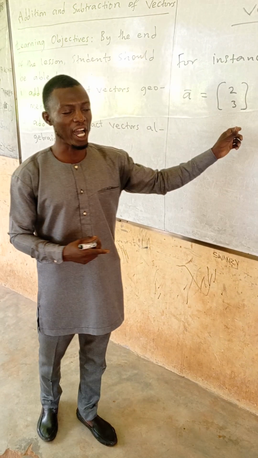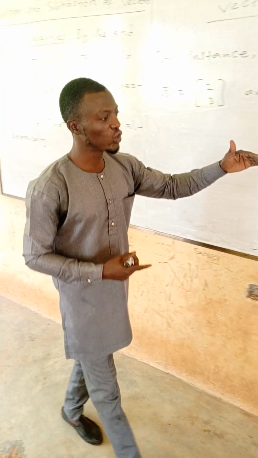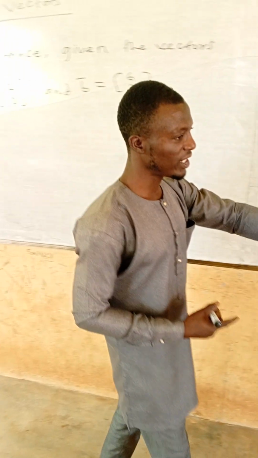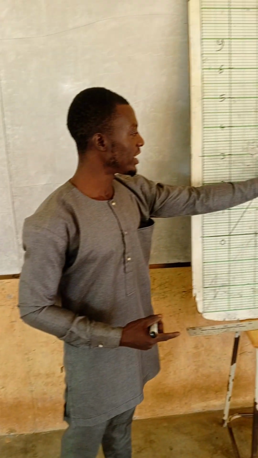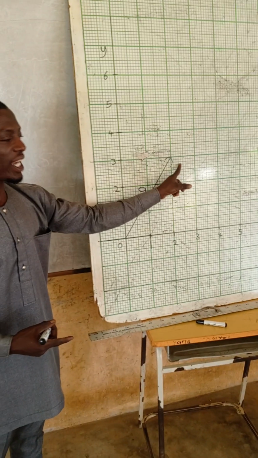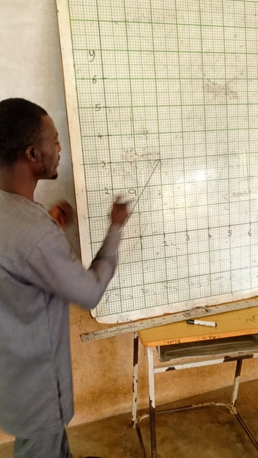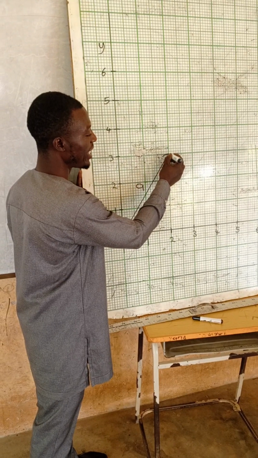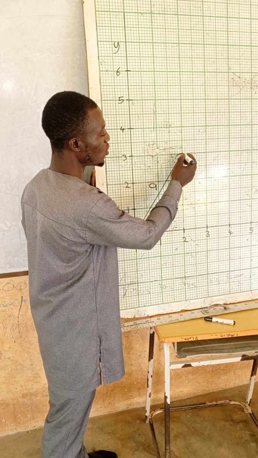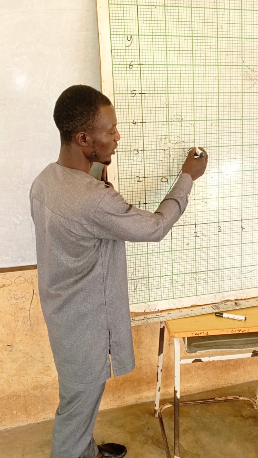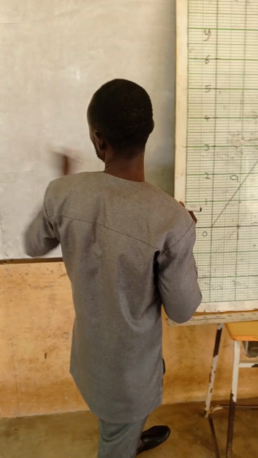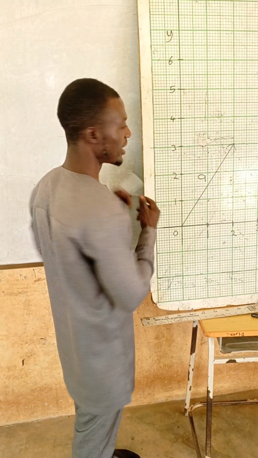Because we are going to add, we are not going to draw vector B separately, but we are going to place it tail to head to vector A. So we begin from where A ends. Then we draw vector B. Vector B has x coordinate 6.